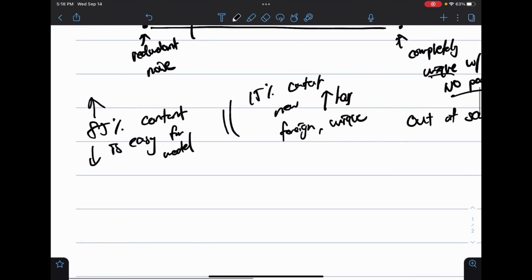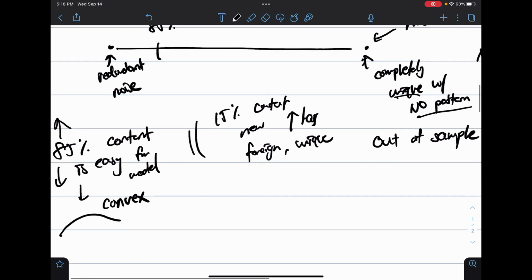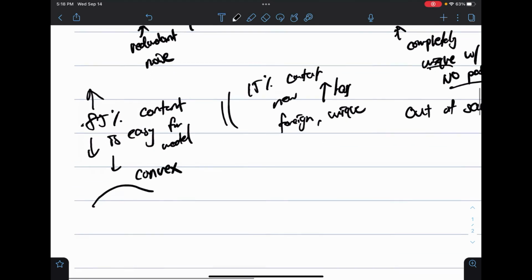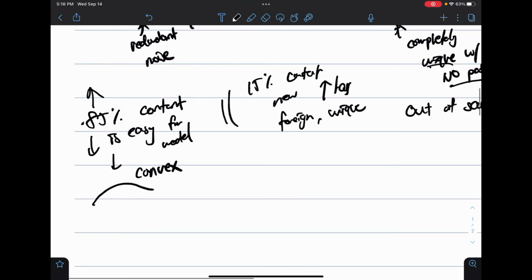Now, what Nature demonstrated was that this is a very convex problem where simply by changing this content ratio, there is no... I can't say it's convex. I would say it's not necessarily convex, but it's unimodal. There is only one peak, and that's roughly 85%.